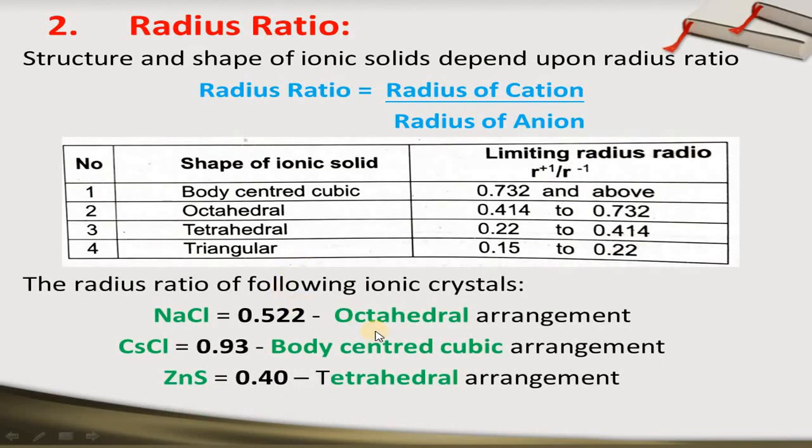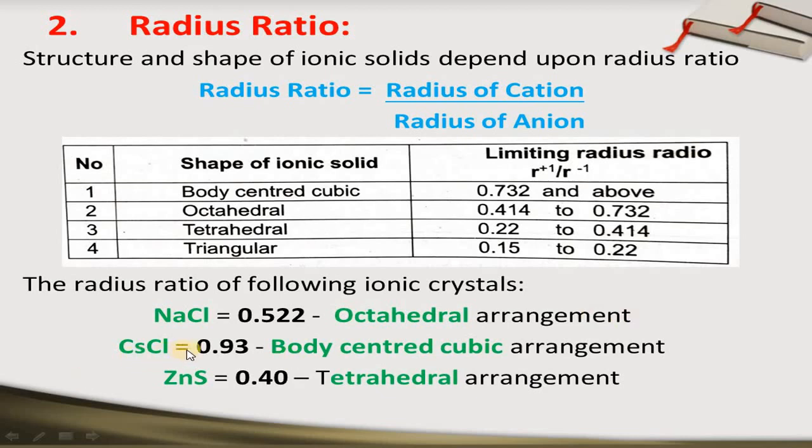The radius ratio of the following ionic crystals: sodium chloride has a radius ratio of 0.522 for the octahedral arrangement. We have seen in the last lecture that each sodium ion is surrounded by 6 chloride ions giving an octahedral structure, and in the same way each chloride ion is surrounded by 6 sodium ions.